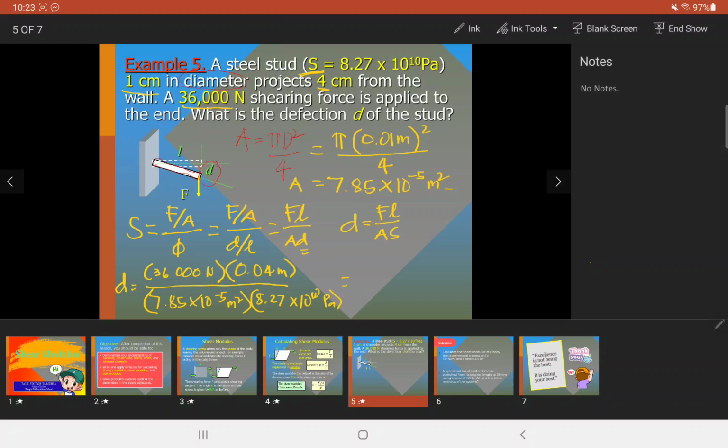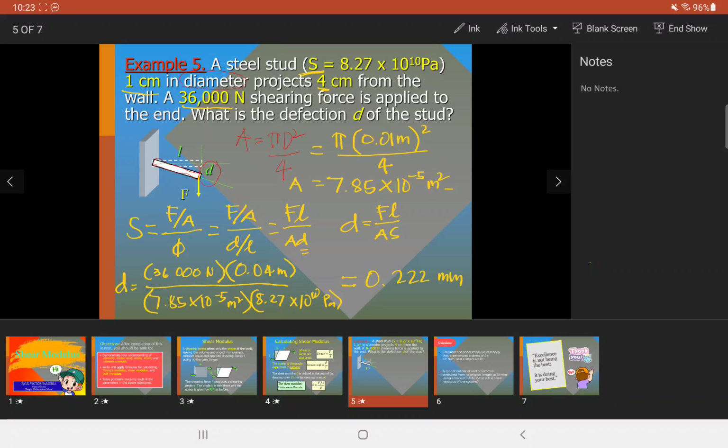So we multiply 36,000 by 0.04 meters, and then we divide by this one here. So D would be equivalent to 0.22 millimeters.